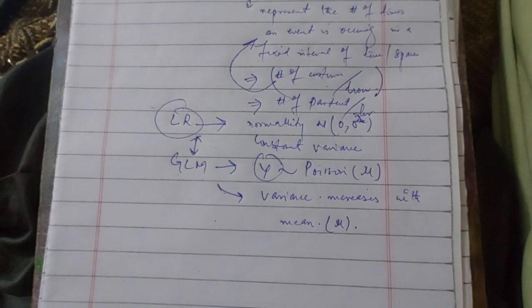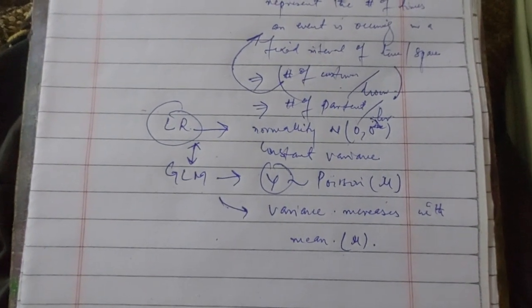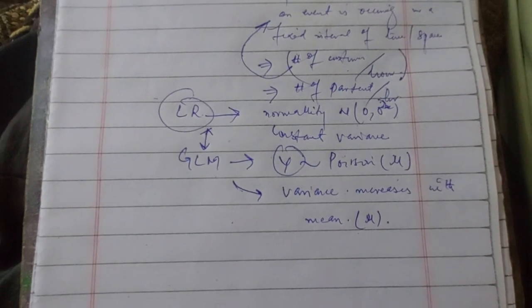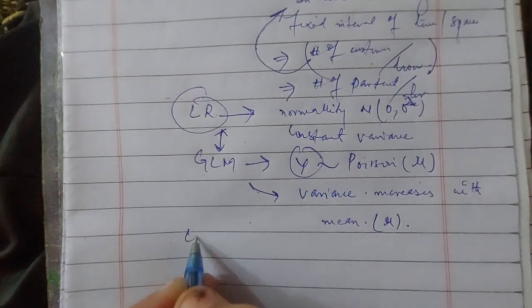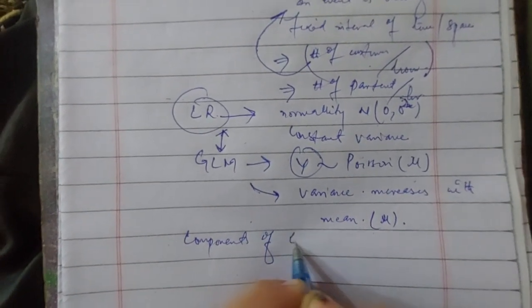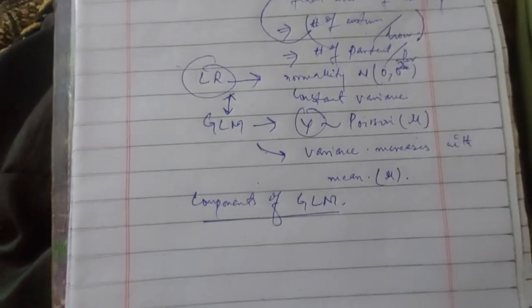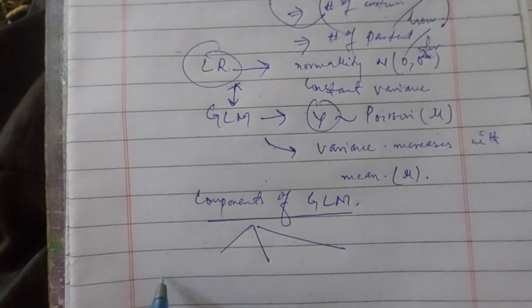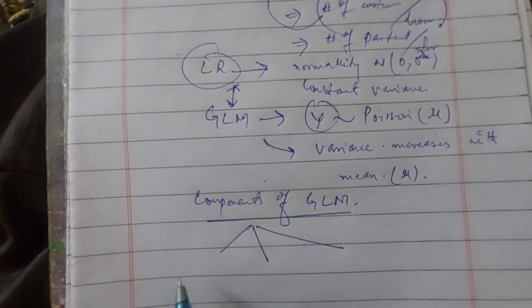Now in the Poisson GLM, we have three main components. The first component is the random component.